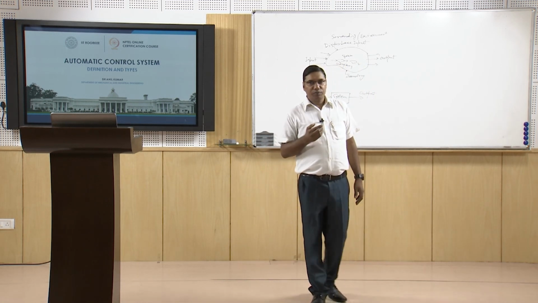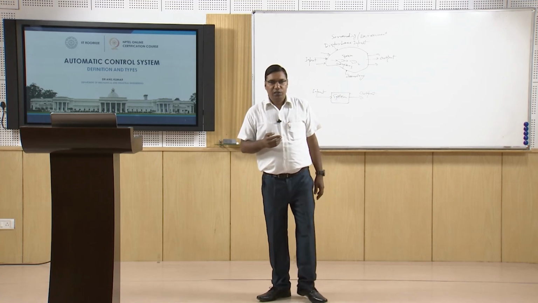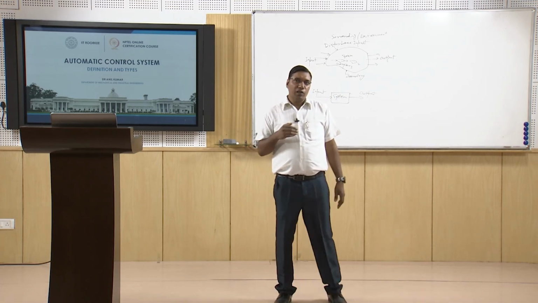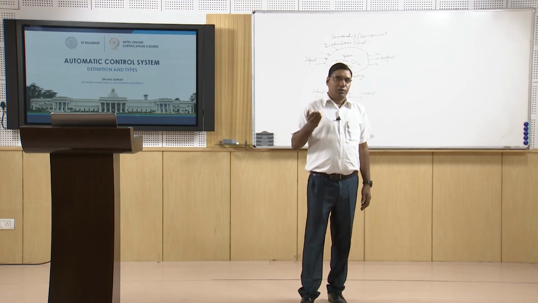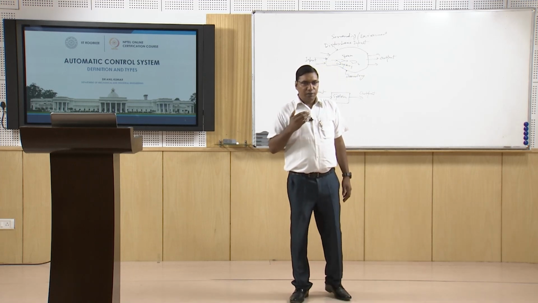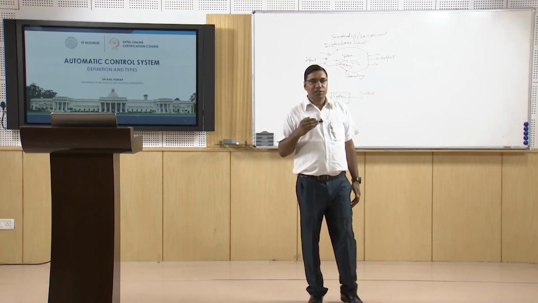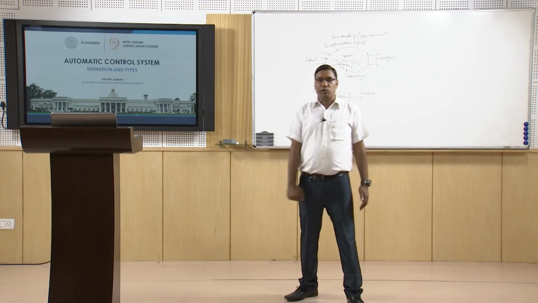For example, the elevator: if we want to go to the 4th floor, we will press the button 4, and so here input is 4 and our desired output is 4. So therefore many times input is the same as the desired response.